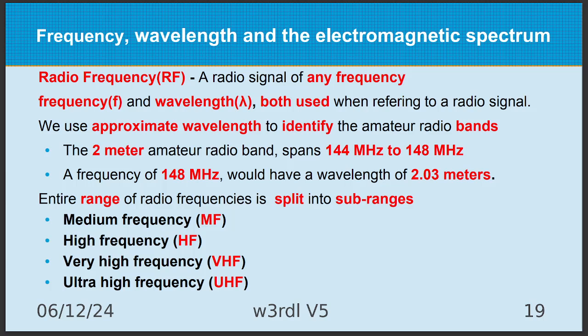So they don't go that drastically. It's close. They try to keep it simple. So we use approximate wavelength to identify the amateur radio bands. The 2 meter amateur radio band spans 144 to 148.